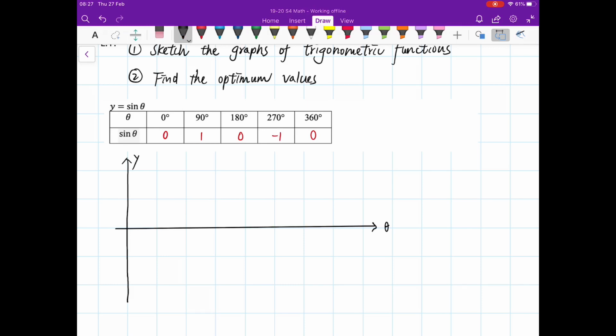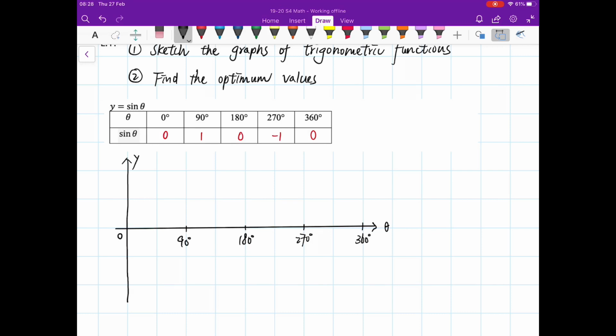I will start with 0, 0. For the horizontal axis, we know that it is 90 degree, 180 degree, 270 degree, and 360 degree. Then I will put all the values back into the figure.